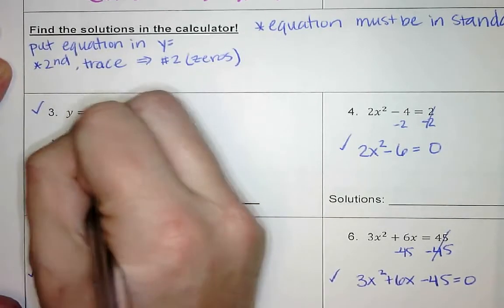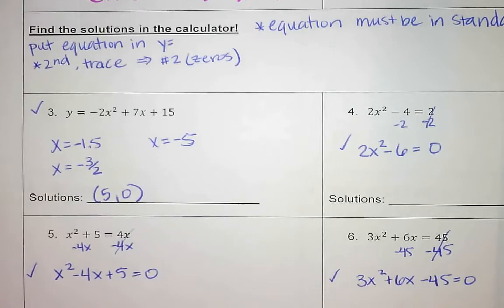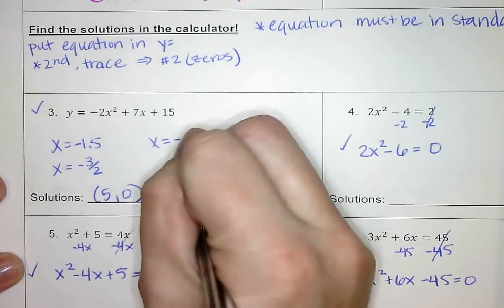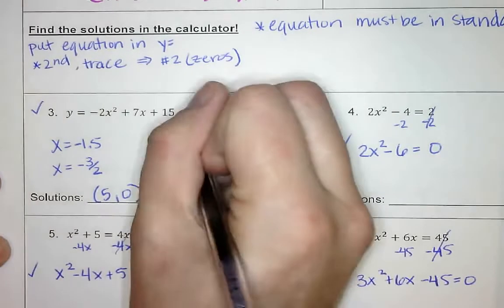If all your answer choices are in fractions, convert it to fractions. If all of your answers are in decimals, leave it in decimals. I personally like fractions better. So I would make that negative 3/2, 0. But guys, both of these options are totally acceptable. They would be counted 100% correct.